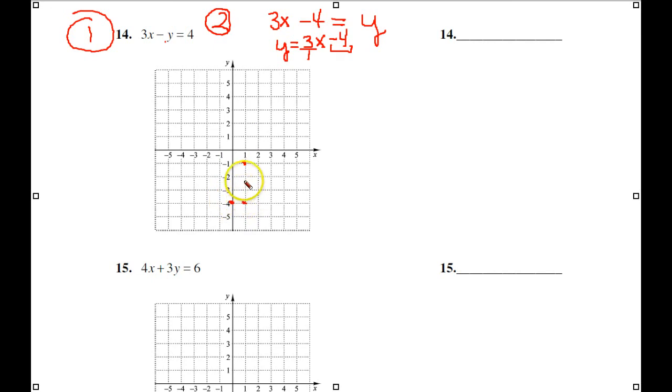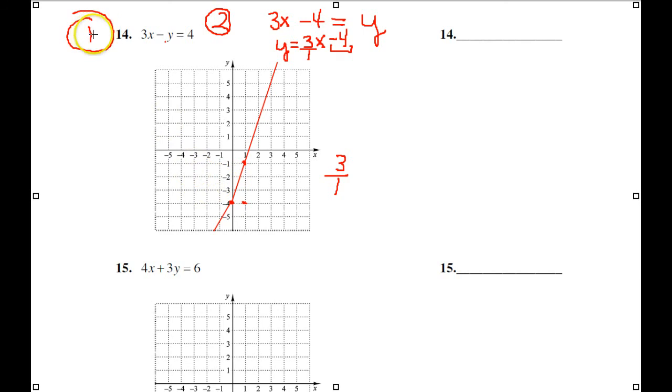Run, rise. 3 over 1. Then get my line, and there I go. And there's my graph. Should extend it all the way down. I'm a little off on that one here. Okay, but anyway, you see the technique.